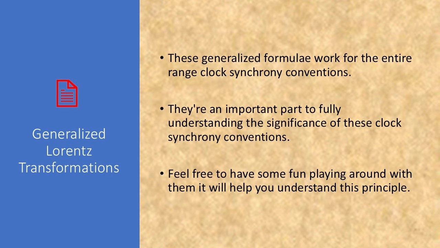Likewise, it is the generalized formula of the two formulas shown for translating between the Isotropic Synchrony Convention and the Anisotropic Synchrony Convention. These generalized formulas work for the entire range of clock synchrony conventions. They are an important part of fully understanding the significance of these clock synchrony conventions. Feel free to have some fun playing around with them. It will help you understand this principle.